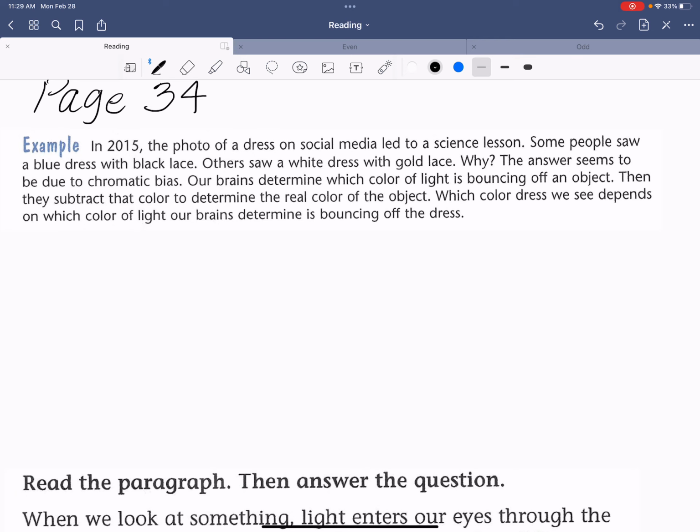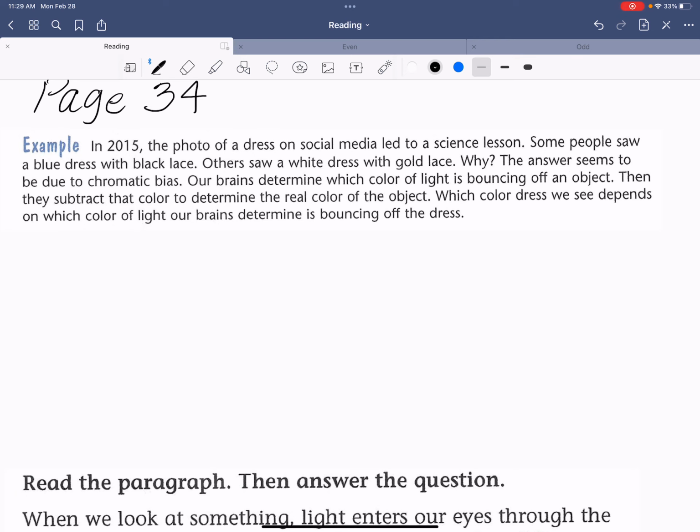The answer seems to be due to chromatic bias. Our brains determine which color of light is bouncing off an object. Then they subtract that color to determine the real color of the object. Which color dress we see depends on which color of light our brains determine is bouncing off the dress.